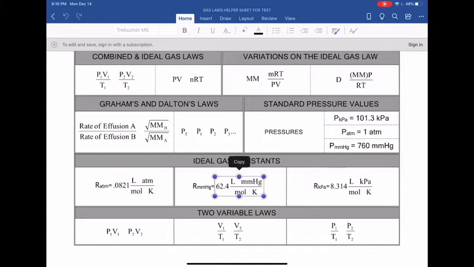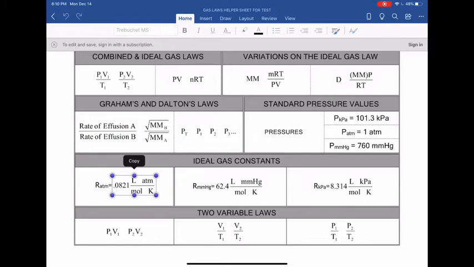The next one says R mmHg is 62.4. And then the last one says R kPa equals 8.314, okay? And then notice the units at the end of them. I don't think I can highlight it. But up here at the top right corner, these units in the top right corner are kPa, versus here they're mmHg, versus here they're ATM, okay?